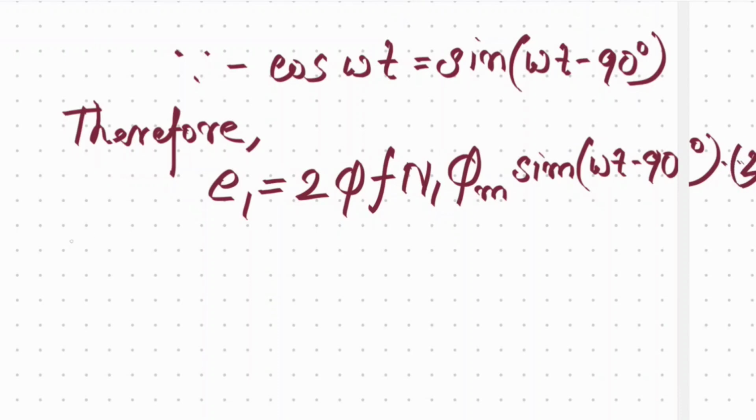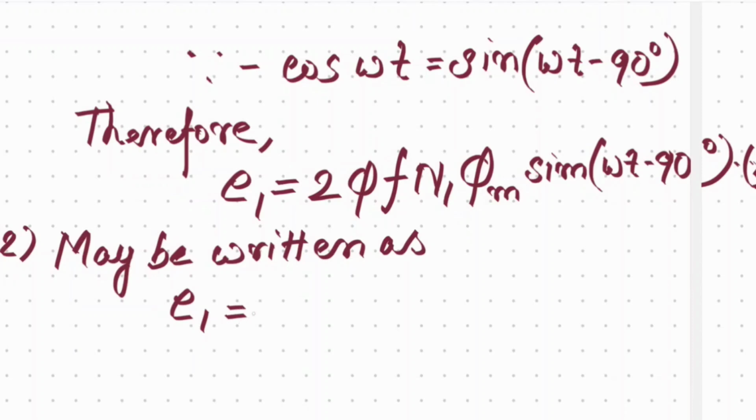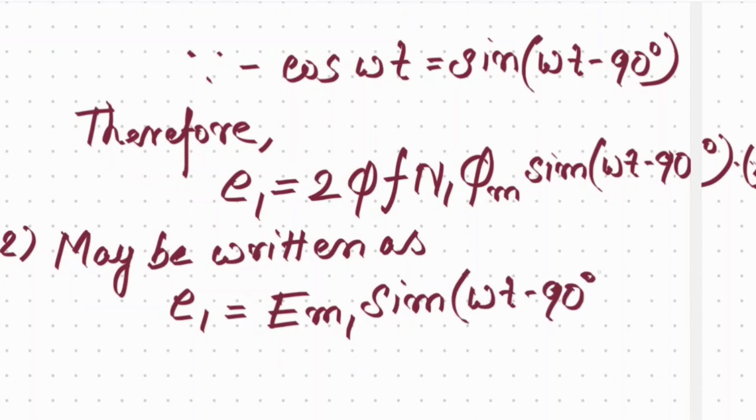Equation 2 may be written as E1 is equal to E m1 sin of omega t minus 90 degree.